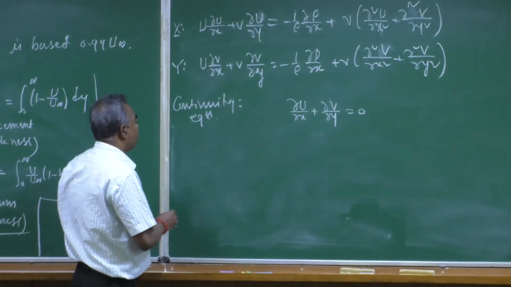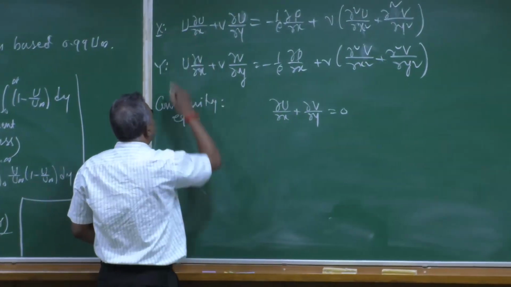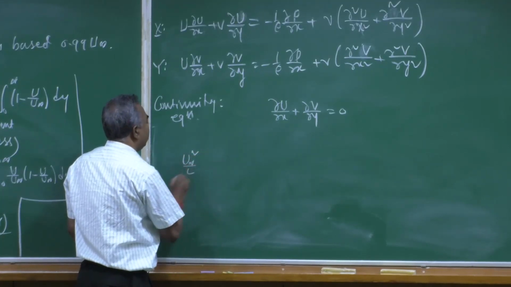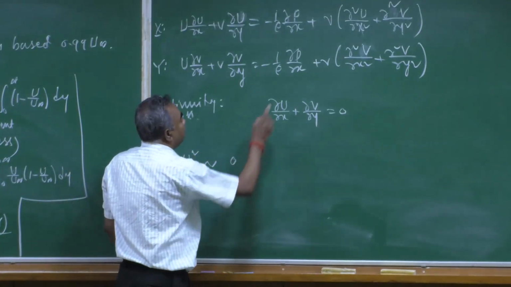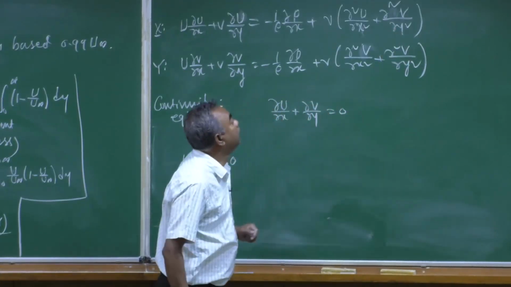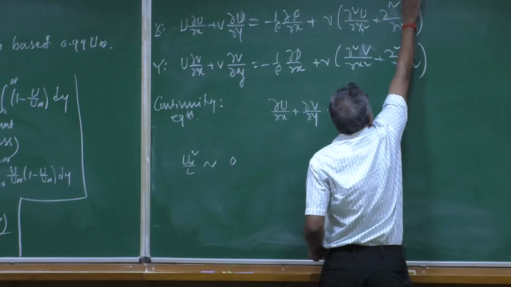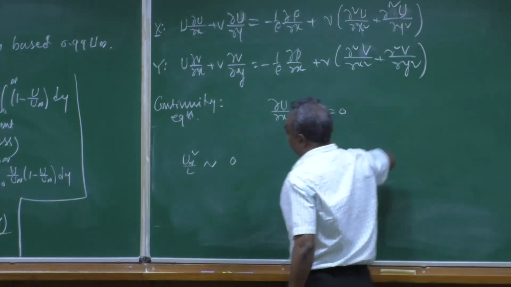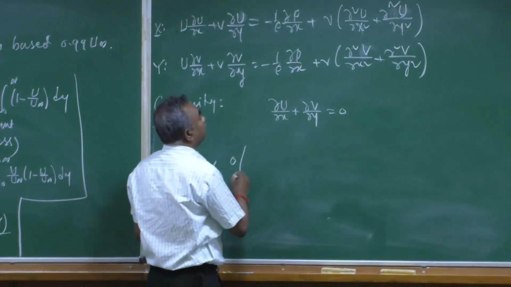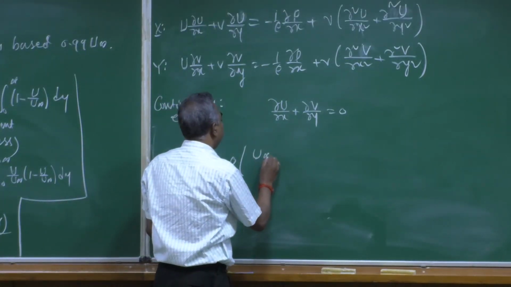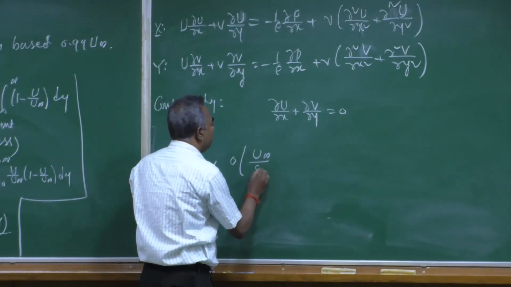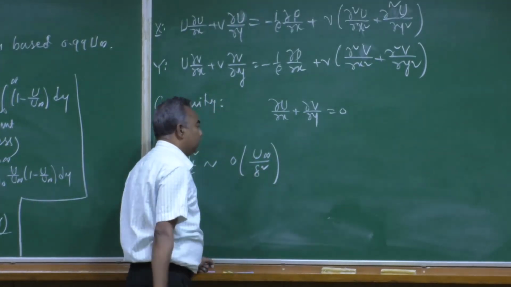So, if you consider the order of magnitude of this inertia term, u square by L should be of the order of, sorry, there is a mistake here. So, the order of the leading order viscous term, which is going to be nu u infinity by, let us say, the appropriate scale for y, which is going to be the boundary layer thickness delta square.